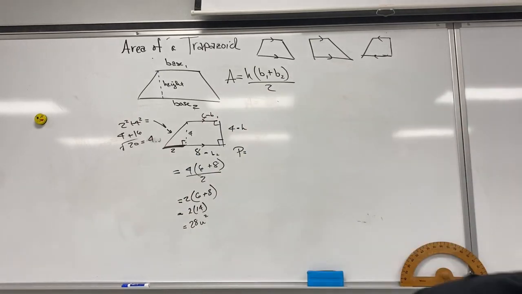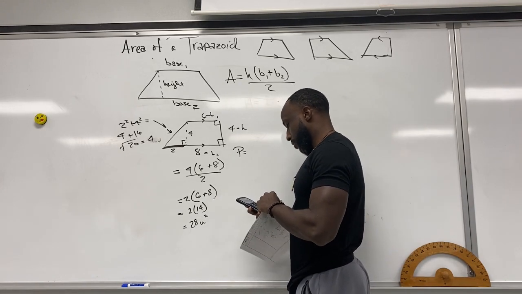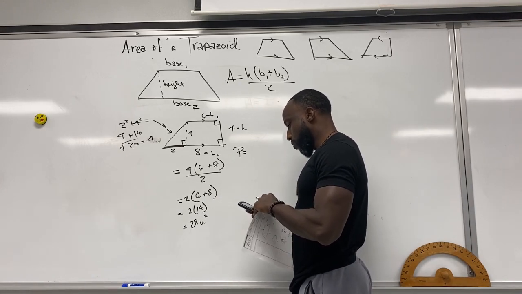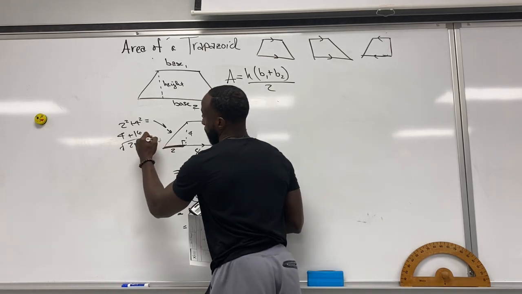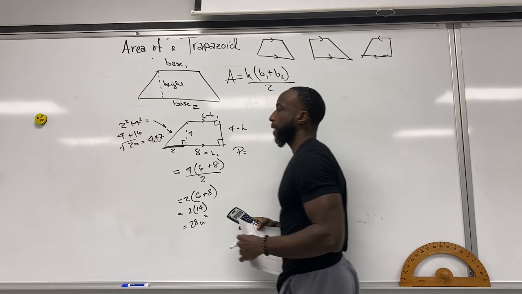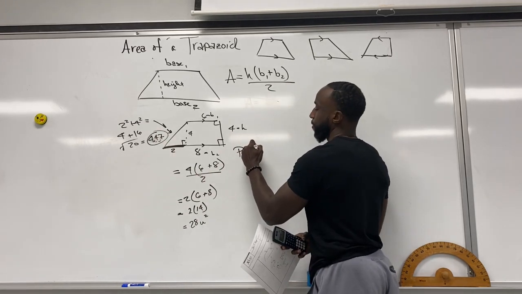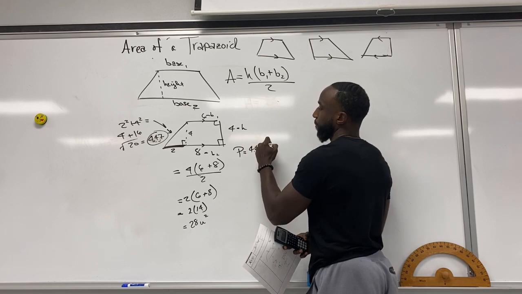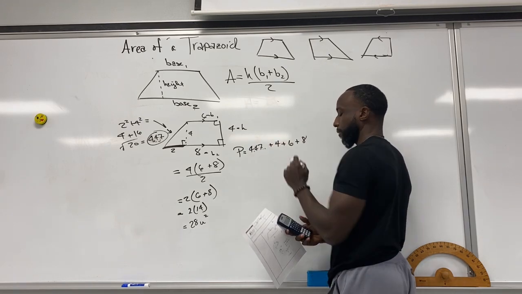If I got my calculator, I can do it. Clear, clear, clear. The square root of 20 is 4.47. All right, now we can do the perimeter. We got this side, 4.47 and some change, plus 4, plus 6, plus 8.